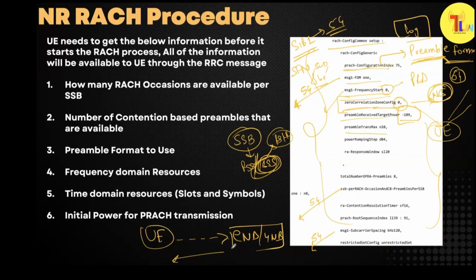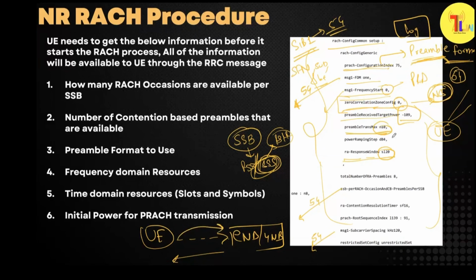I am sending a RACH and I am not getting the response in a predefined time. That time is the RA response window size, in the form of subframes, 120 SF. If I am not getting the response in this time, for how many times can I resend that PRACH using the same preamble? That is the parameter preamble trans max, n10.